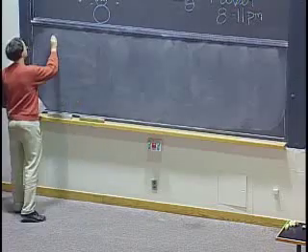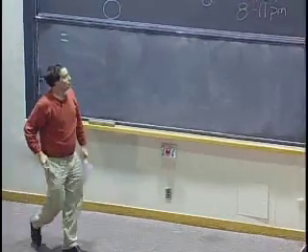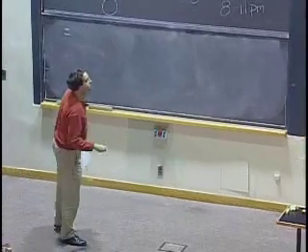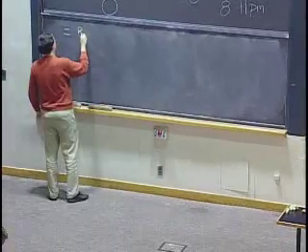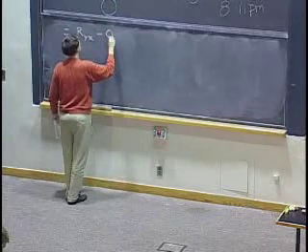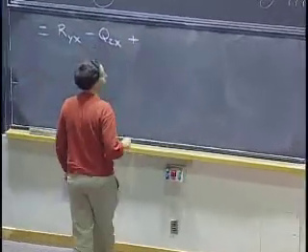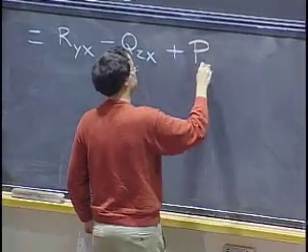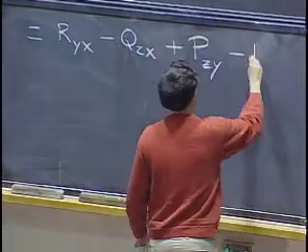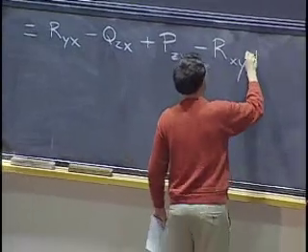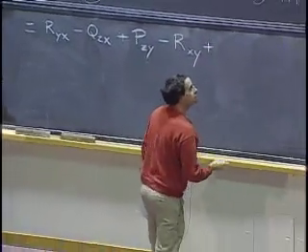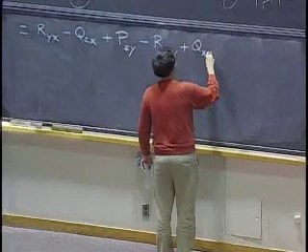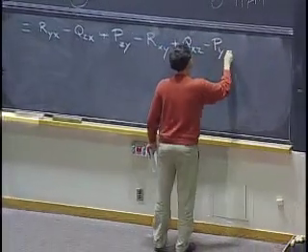Okay, so I think what we have over there becomes R sub yx minus Q sub zx plus P sub zy minus R sub xy plus Q sub xz minus P sub yz.